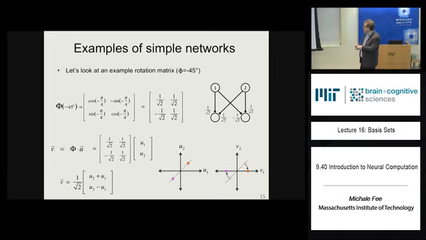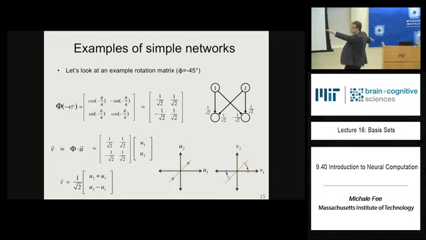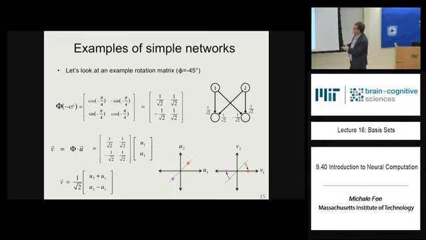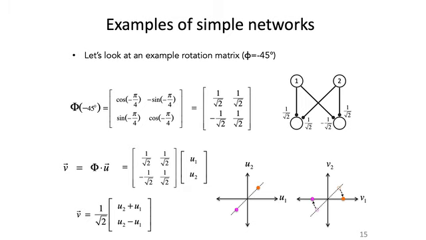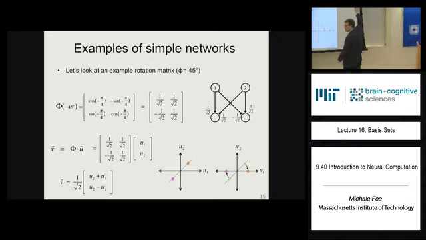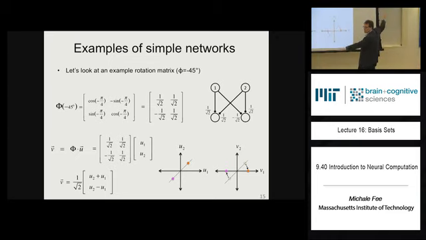Any input in this space of U1 and U2 will be, in the output, just rotated by, in this case, minus 45 degrees. So that's clockwise, or the minus rotations. So you can just predict the output firing rates simply by taking the input firing rates in this plane and rotating them by minus 45 degrees.